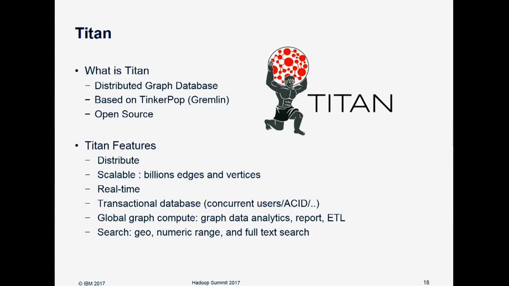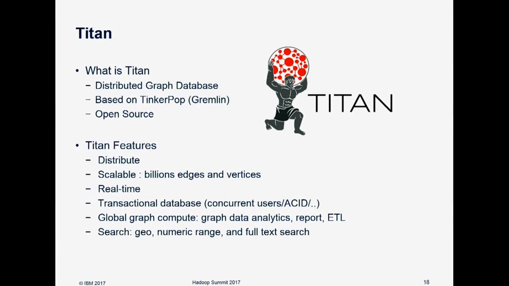Okay, Titan is a distributed graph database. It has been around for a while. In fact, it's one of the first graph databases for big data. It's open source. It's based on TinkerPop. TinkerPop, by the way, is an Apache project, Apache TinkerPop, and it supports the TinkerPop Gremlin traversal language. It has these nice features. It's totally distributed, and it's scalable.